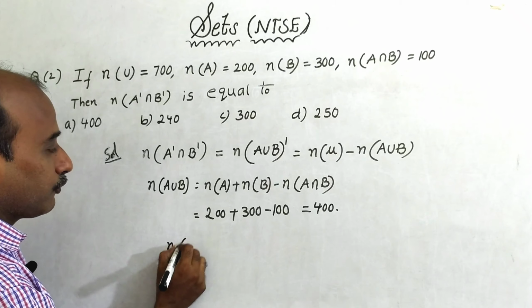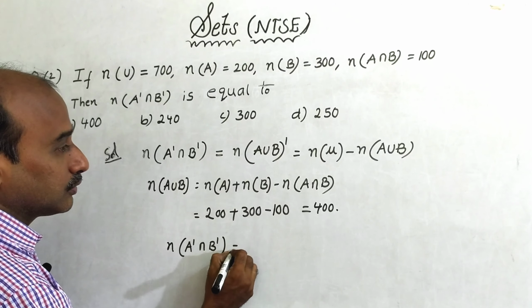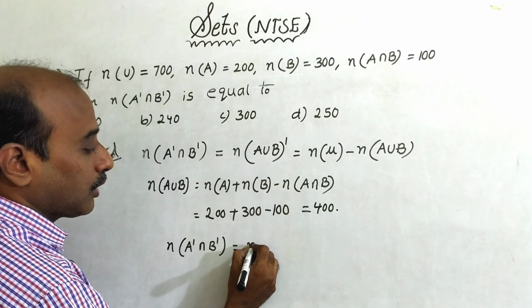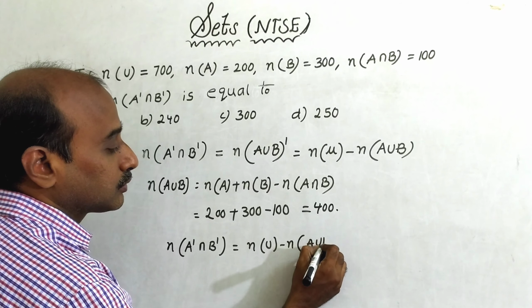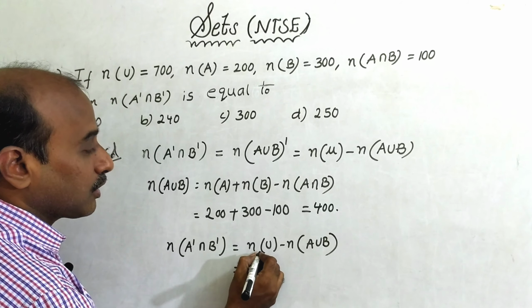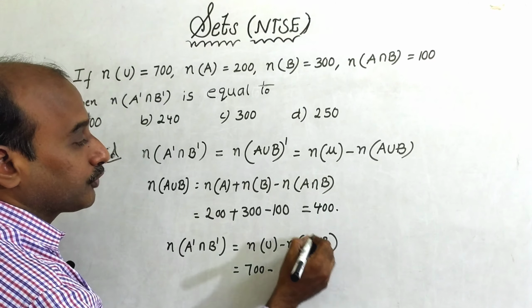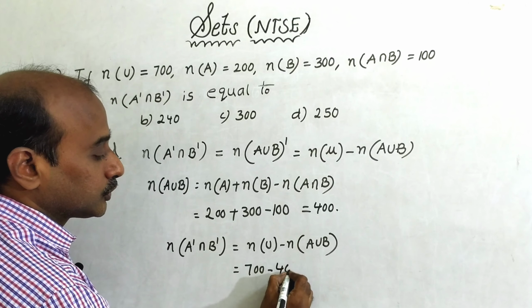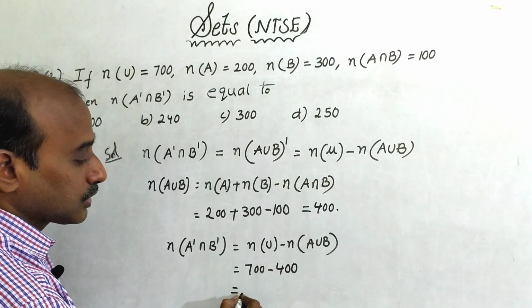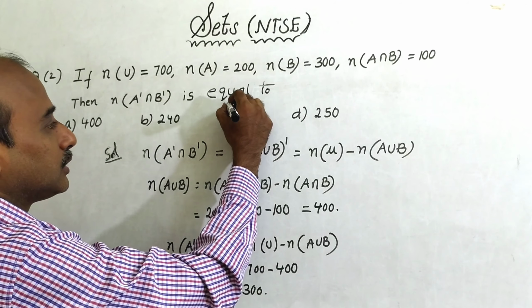So n(A dash intersection B dash) is equal to, directly I am writing, n(U) minus n(A union B). So what is n(U)? 700 minus n(A union B). What we got? 400. So 700 minus 400, 300. So the option is C.